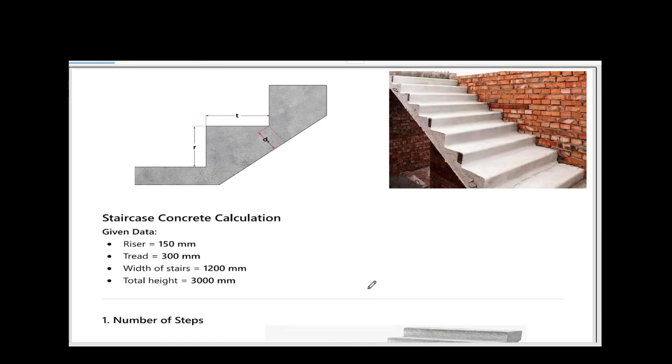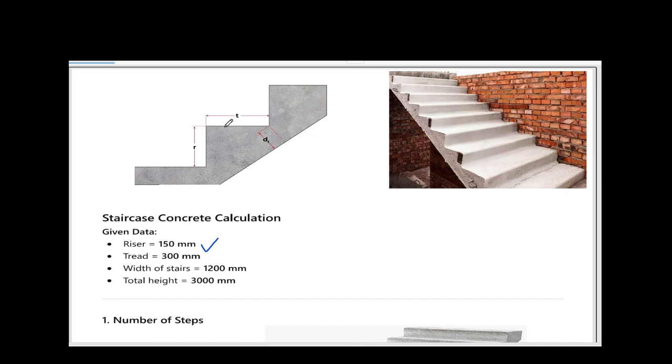So I'm going to tell you step by step how you will calculate the concrete required in the stair. Suppose the height of the riser is given as 150 mm, and the trade is 300 mm.